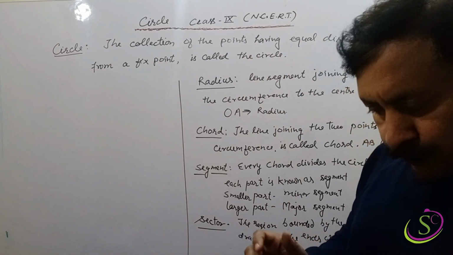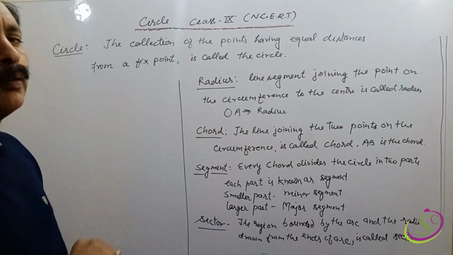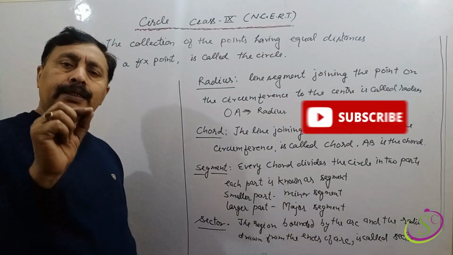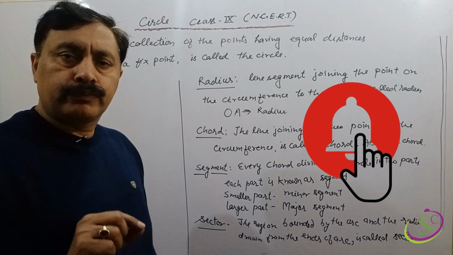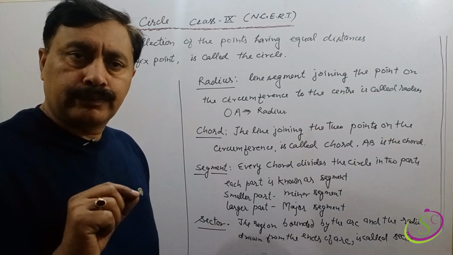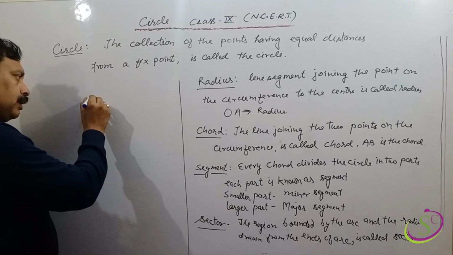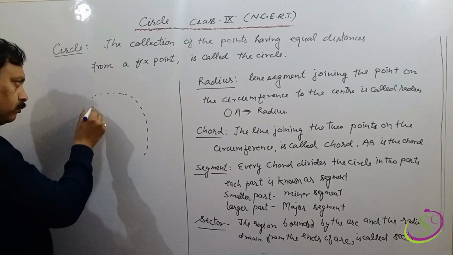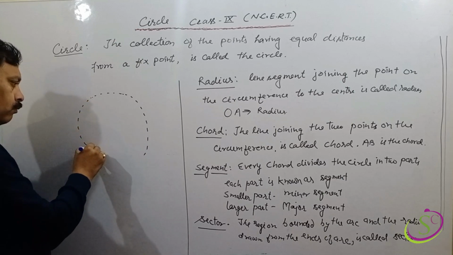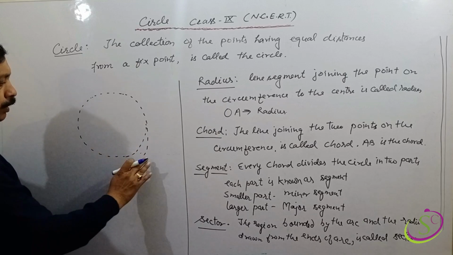Okay, again we are repeating this. The collection of the points having equal distances from a fixed point is called circle. Yes, these are the points having equal distances.